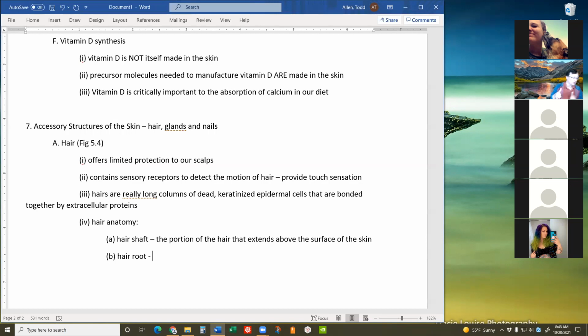You also see a blown up diagram of the hair root on picture C. Along the right side of picture C, you see the bold-faced hair root, and then structures that make up the hair root, right? The medulla, the cortex, the cuticle of the hair, that type of thing.